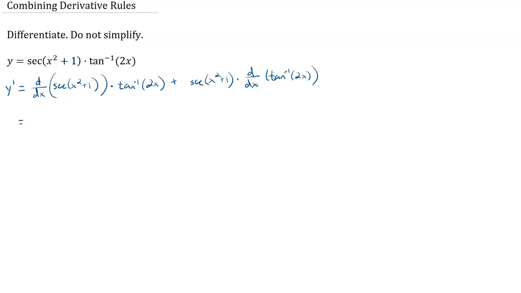So the derivative of a secant function is secant tangent. So we get secant of x squared plus 1 times tan of x squared plus 1. So that's the derivative of the secant part, but then we have to use the chain rule and multiply by the derivative of what's inside. And the derivative of what's inside is 2x.